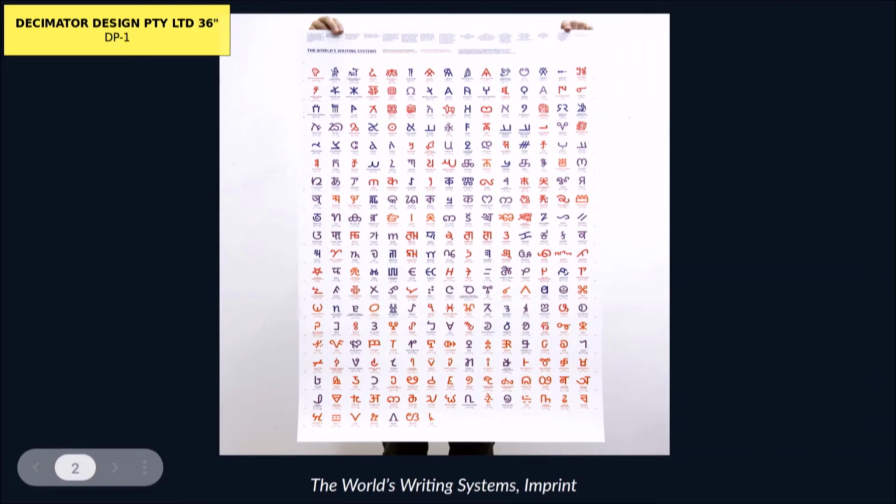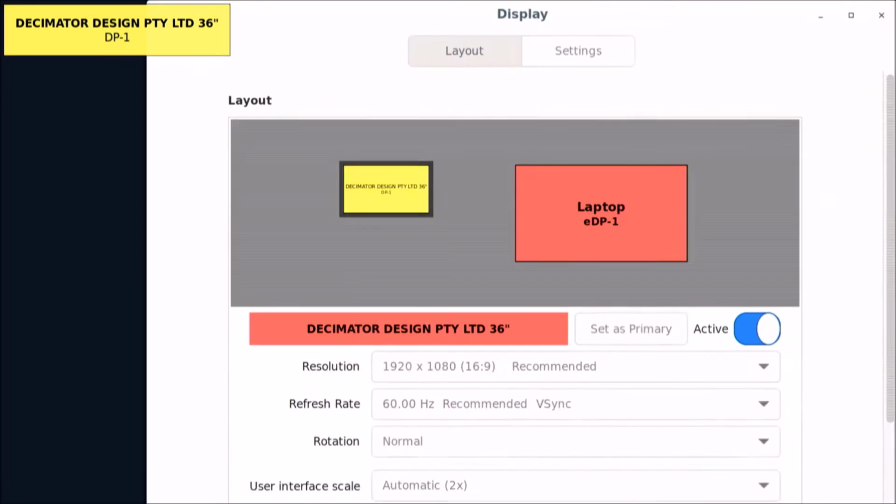Oh no, what happened? Wait, I can't see anything here now. It was there.